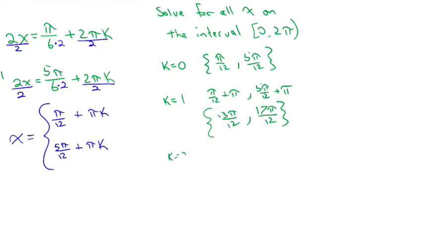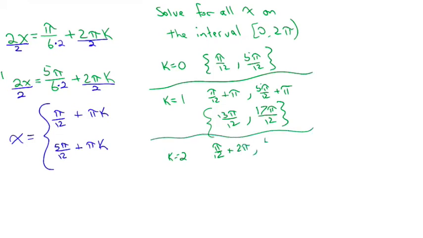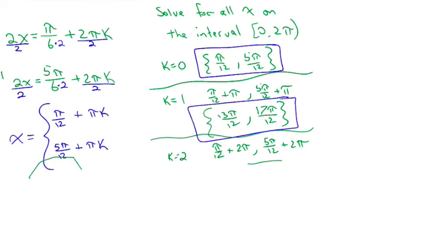So if k equals 2, I'm going to get pi over 12 plus 2 pi, and 5 pi over 12 plus 2 pi. And I just said that we can't go bigger than 2 pi. So here's 2 pi plus a number that's bigger than 2 pi. So the only answers we're going to get for this solution between 0 and 2 pi are these two and these two. That's the final answer.